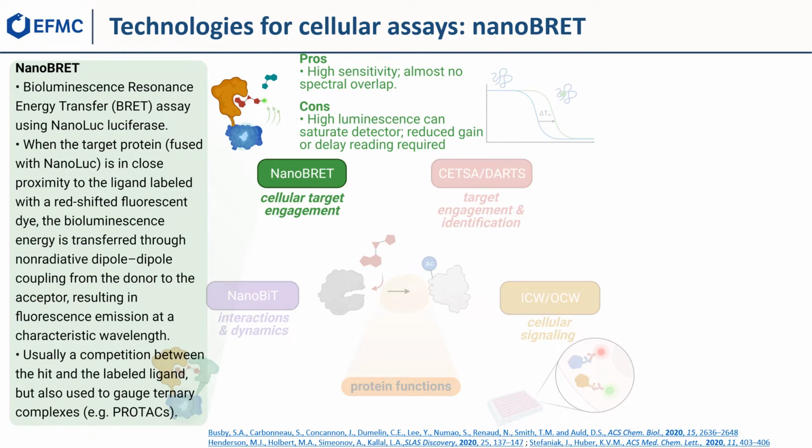One common question regarding the NanoBiT and NanoBRET technologies is, since both technologies are great for measuring protein-protein interactions, which one is better? Which one do I choose for this application? Well, the answer is, it depends.